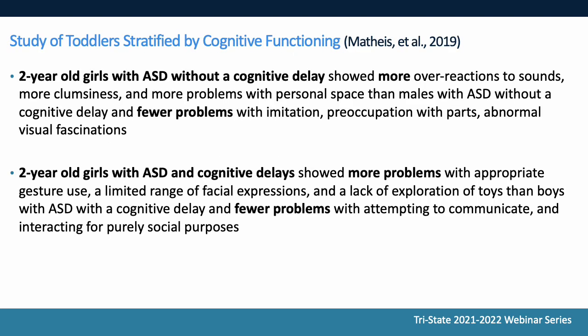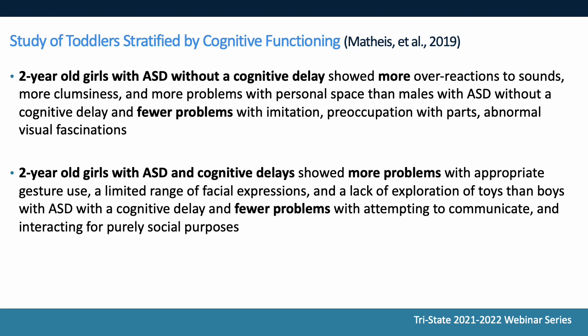We also know that there are differences in how girls present based on their cognitive functioning when you're assessing them. So a 2-year-old girl who would turn out to have an autism spectrum disorder but doesn't have a cognitive delay tends to show the following symptoms relative to a female child with a delay.